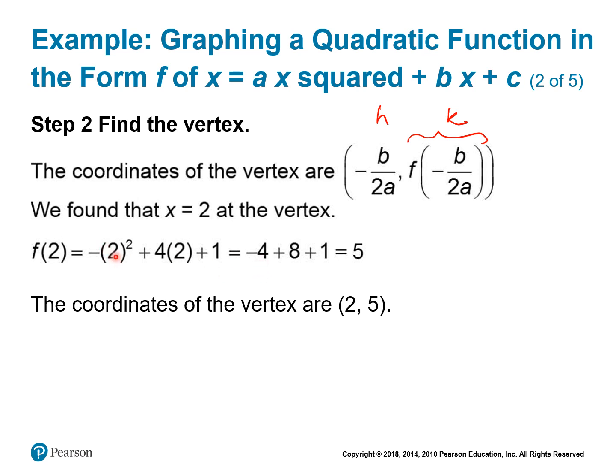They replaced the x with 2 in the equation, and they also got a value of 5, which is what we also got when we worked it out. So the coordinates of the vertex are 2 comma 5. So that completes step 2. Now we'll go into step 3, which is about finding the x-intercept.